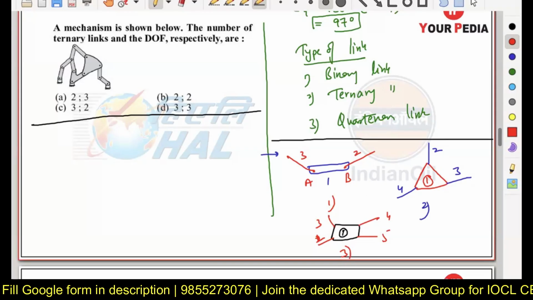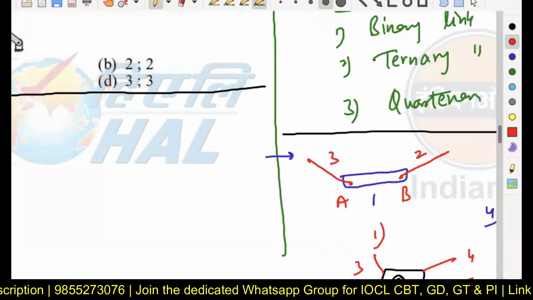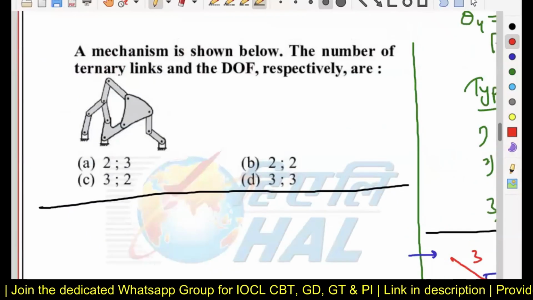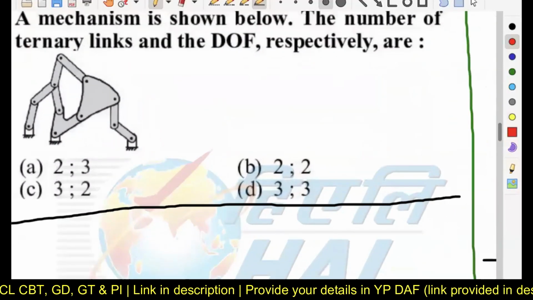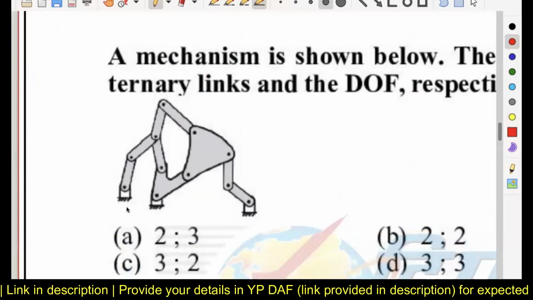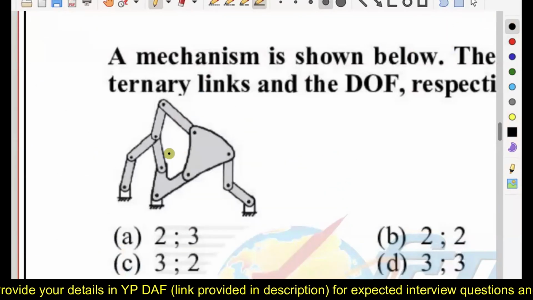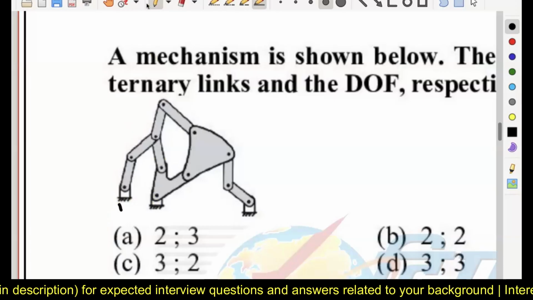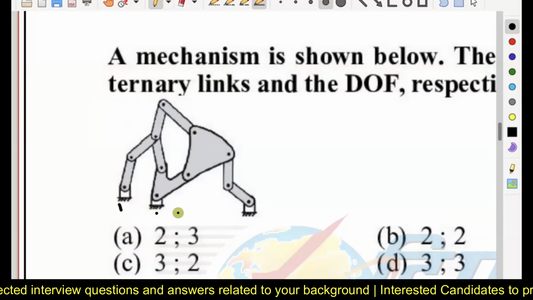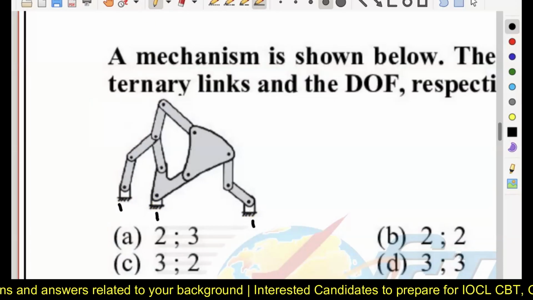Now coming back to this question, we have to find out how many ternary links are there. Just see. Link number 1 is a fixed link.